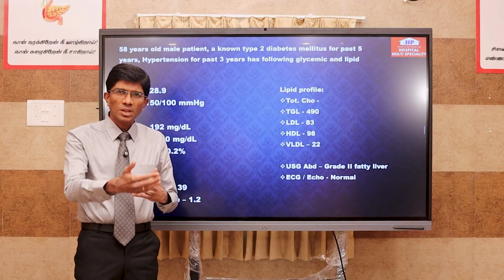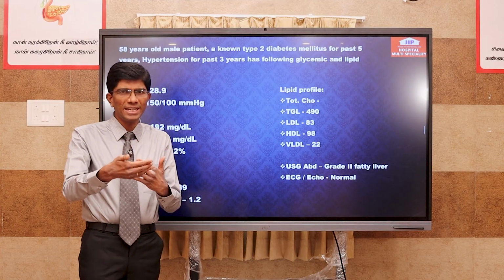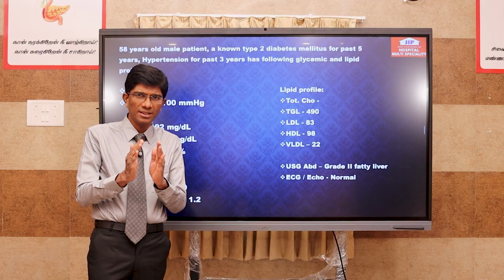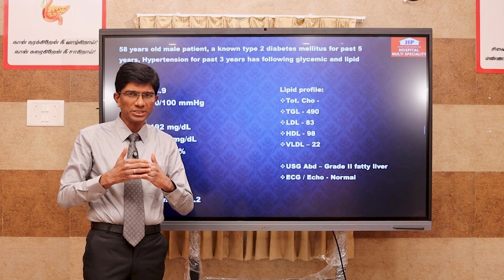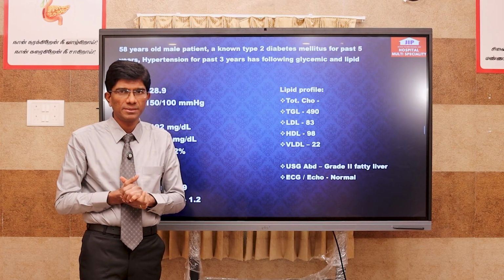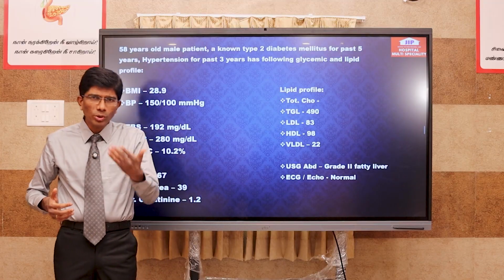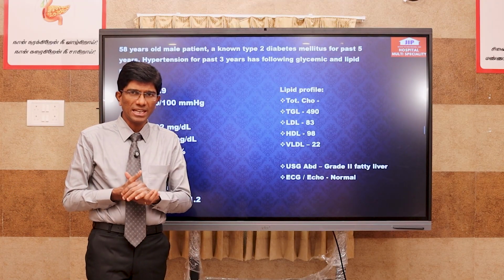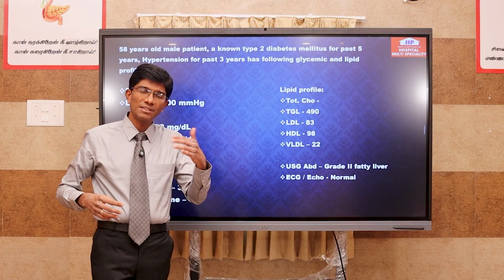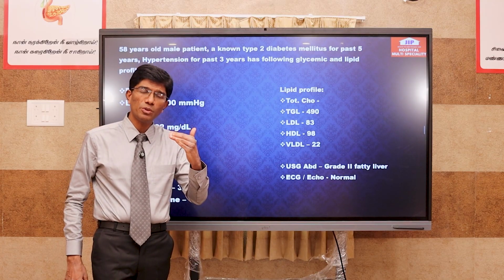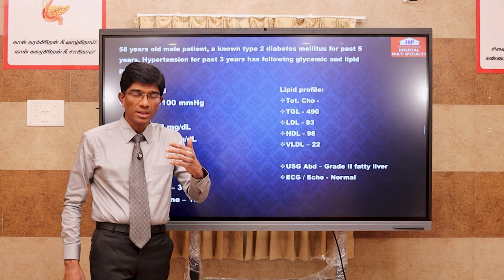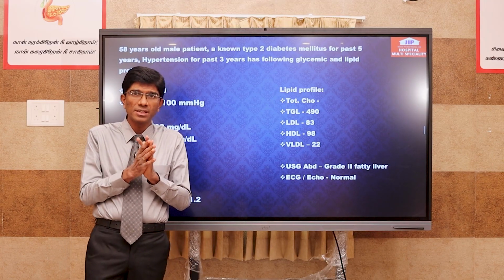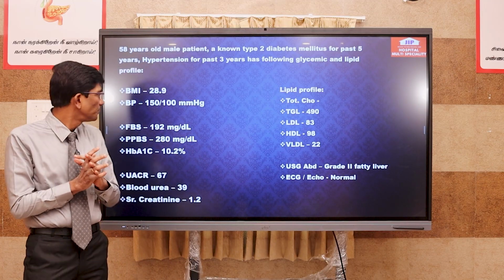For us, if BMI is more than 23, we consider the Indian population overweight. If it is more than 25, we consider them obese. In the Western counterpart, the cutoff value for overweight is 25. For us, overweight is 23. That subtle difference you have to appreciate.